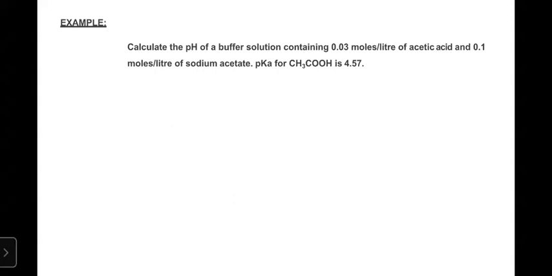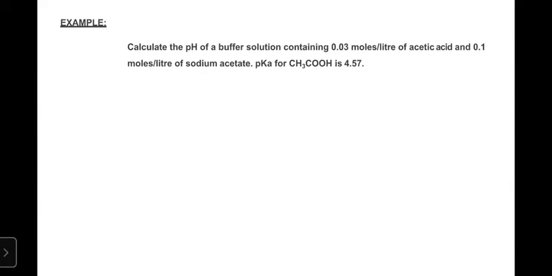But you have to calculate the exact pH value for that buffer solution. Here the weak acid is acetic acid, 0.03 moles of it, and the salt is sodium acetate, 0.1 moles per liter.